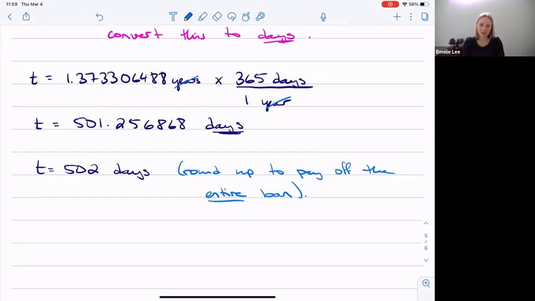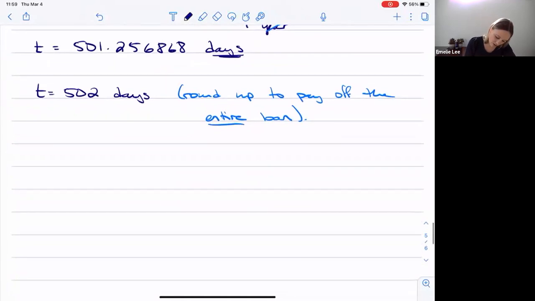Now, in terms of my days between dates calculation, same thing we have been doing. I'm going to have date 1, date 2, and the days between dates. This is the first time we're calculating something other than the days between dates, so I'm going to put a little star by date 2 because that's the one I want to solve for.